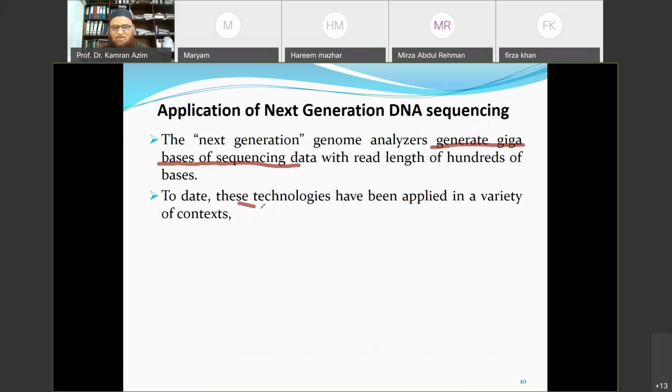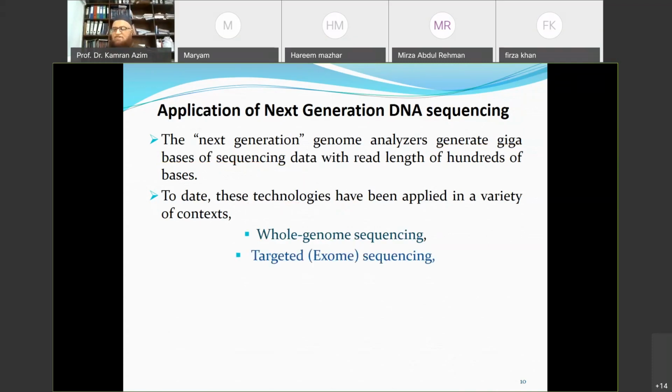The new next generation DNA sequencing technologies are being used in many applications. For example, whole genome sequencing, complete genome sequencing, can be carried out by next generation DNA sequencing, which is different from Sanger sequencing.